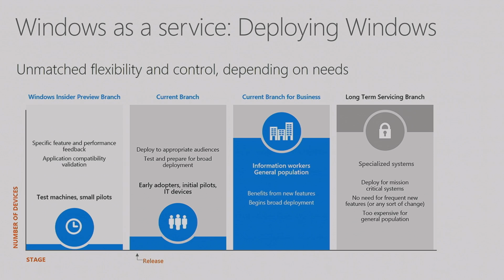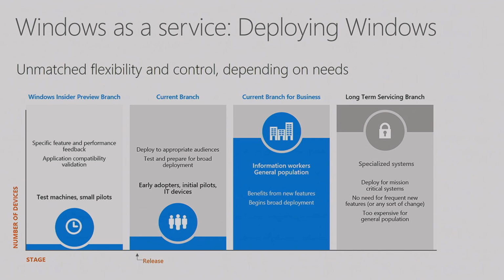These specialized systems really would be factory floor PCs used to control machinery, ATM machines, PCs controlling high-end medical equipment. Those types of special use where you don't want any change to happen to that PC over a long period of time, except for security updates, that's the type of thing that we want with LTSB.